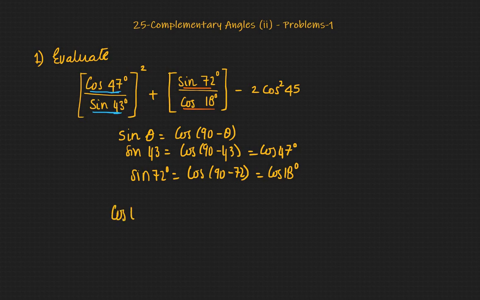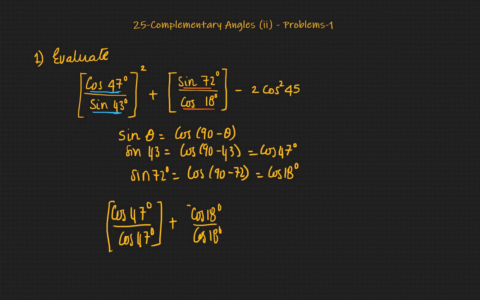So let's do that. Cos 47 degrees divided by cos 47 degrees plus sine 72 degrees, which is nothing but cos 18. So let's straight away substitute that. It is cos 18 degrees divided by cos 18 degrees. Oh, sorry, there's a whole square here and here, so let's have this whole square.